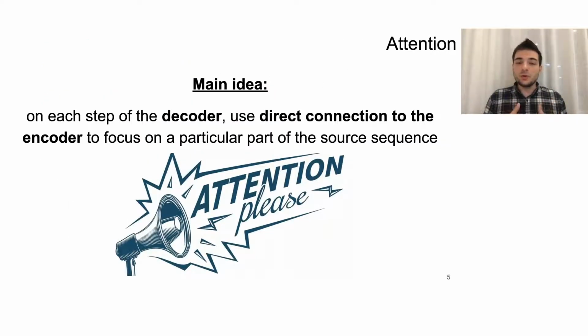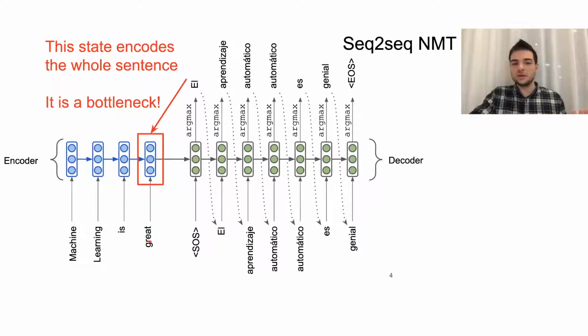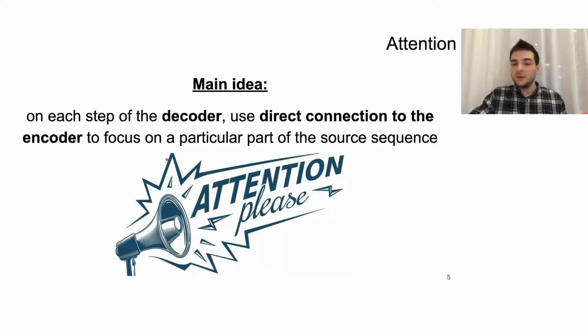The decoder on each step has a direct connection to all the encoder states, and every encoder state represents some position in the sentence, because we have, for example, 4 positions in the sentence and 4 encoder states. If the decoder has a direct connection to all the positions in the original sentence, then we don't have a bottleneck anymore, because we have all the information which was available at the encoder side.